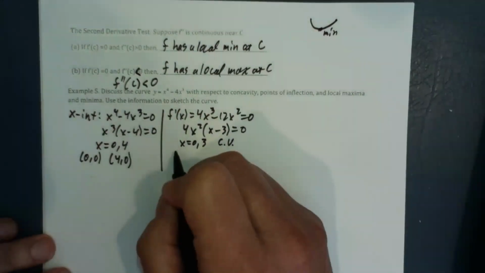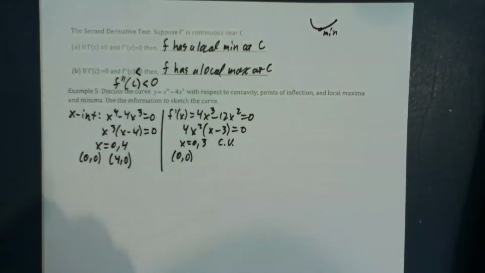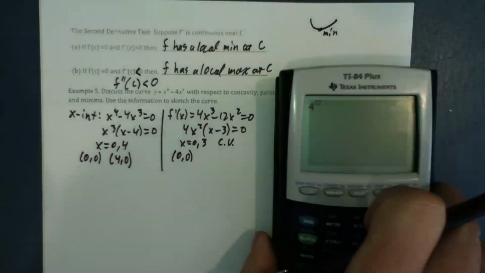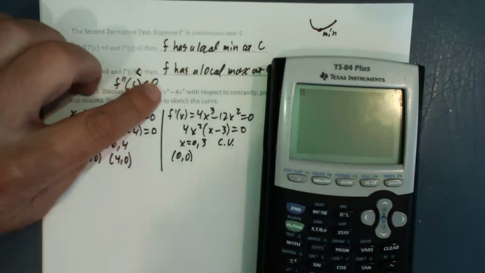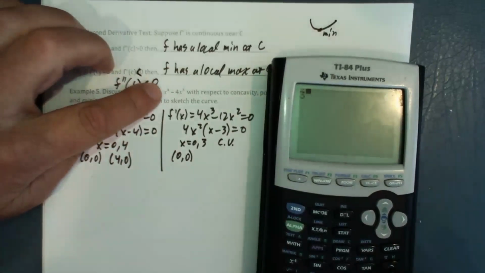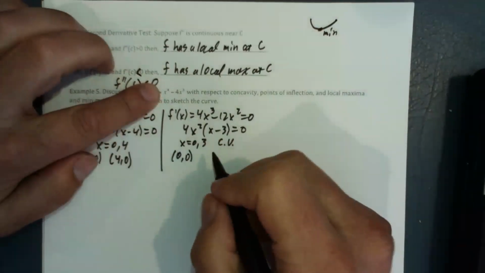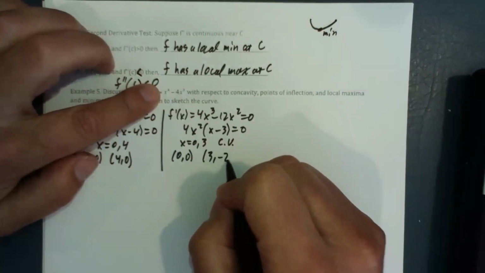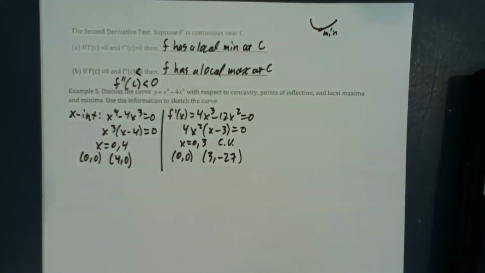And we already know we have a critical value at (0, 0), and we have a critical value at 3, and let's plug that in. Let's see what we get. 3 raised to the 4th power minus 4 times 3 raised to the 3rd power. Negative 27. So we're at (3, -27). We may have to fudge that one a little.